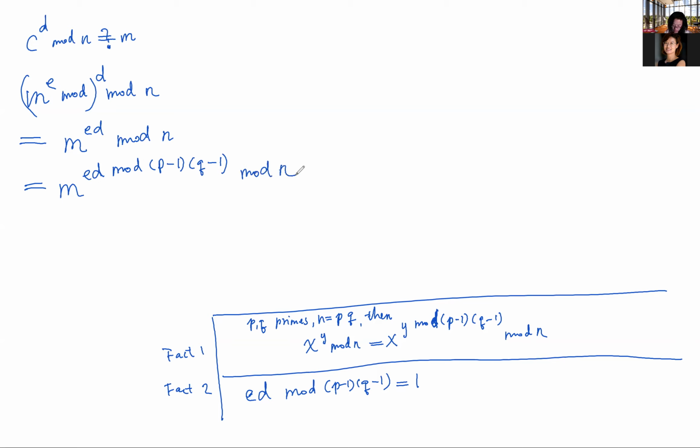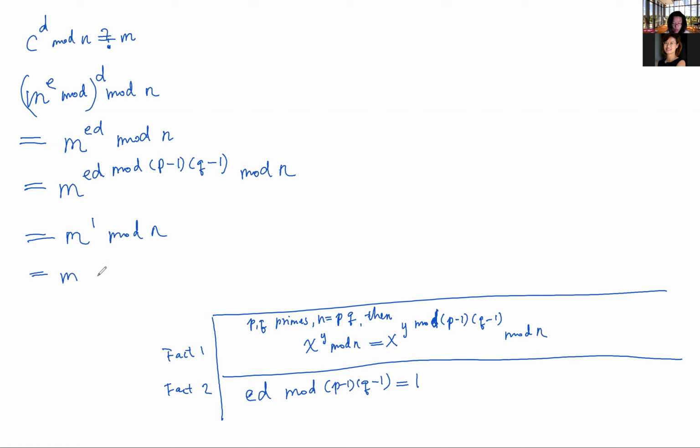And then we are immediately in a good position again, because look at fact 2. Fact 2 said the product of E and D mod the totient function is equal to 1. So this is just 1 mod n, and of course this is equal to the message.